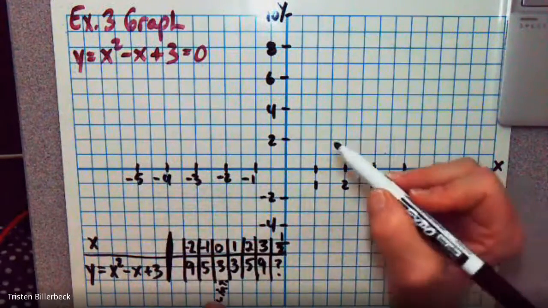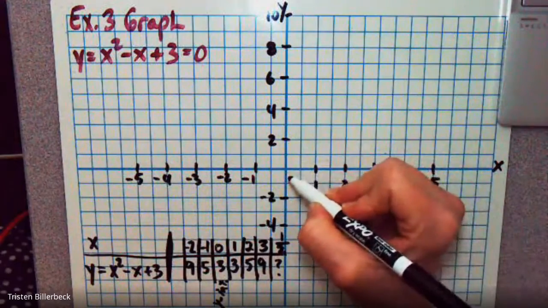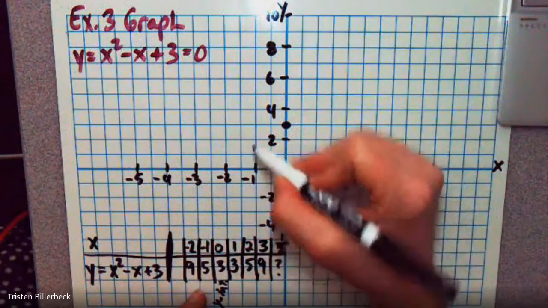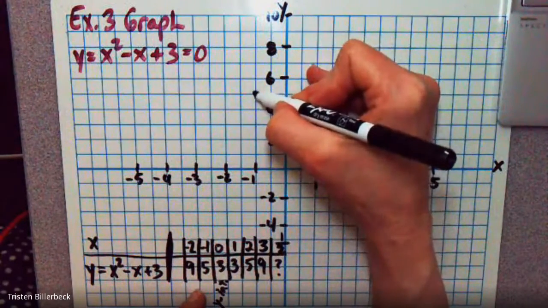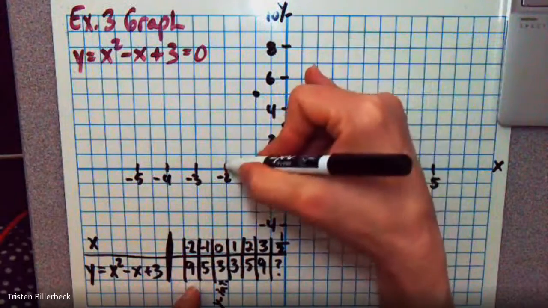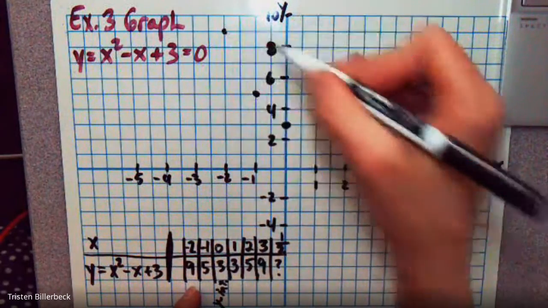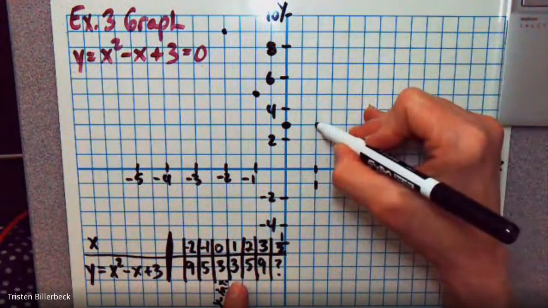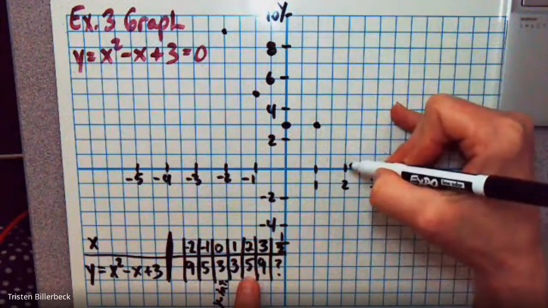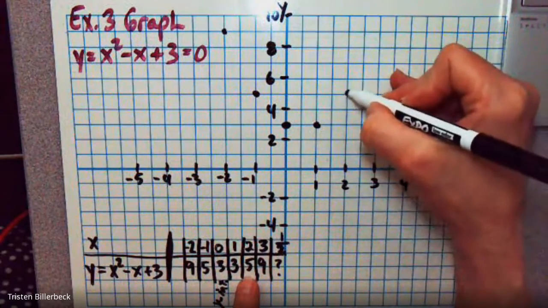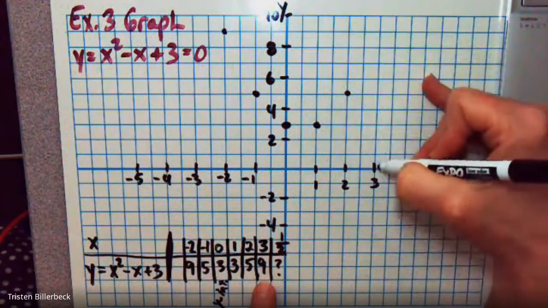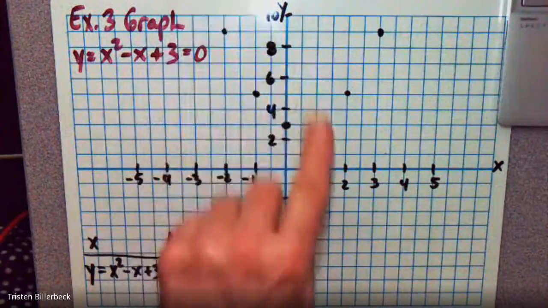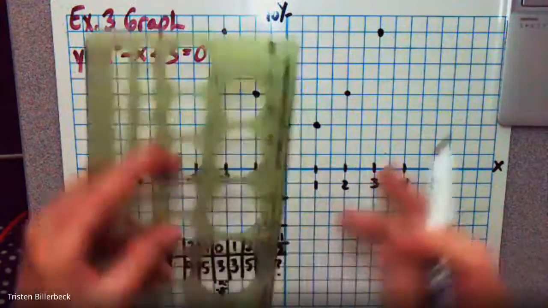All right, so let's plot some of these. So we have 0, 3 is our y-intercept, negative 1, 5, right there, and negative 2, 9 goes right up here. Then on this side we have 1, 3, we have 2, 5, and 3, 9. So we really only had to do half of those once we identified the line of symmetry.